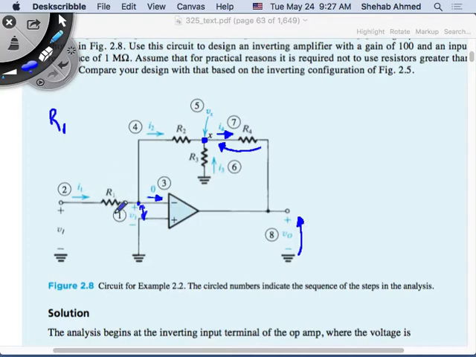Is it related to R1? A little bit. It may be a little bit dependent on it because of the current flowing here. The current flowing here depends on R1, right? It's equal to Vi over R1. So this is also equal to Vi over R1. So there may be some dependence, but is this dependence going to be as detrimental as the previous configuration, where the gain was equal to minus R2 over R1?